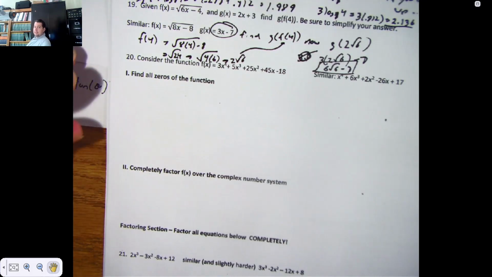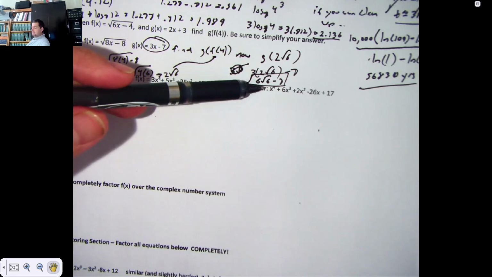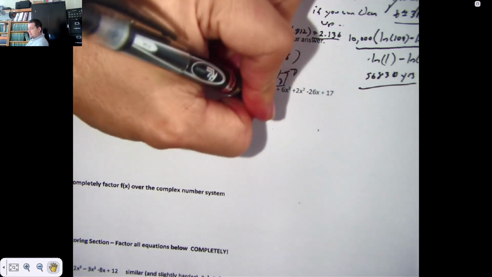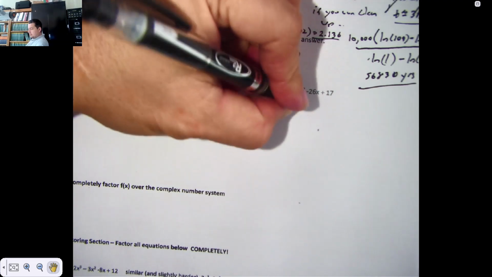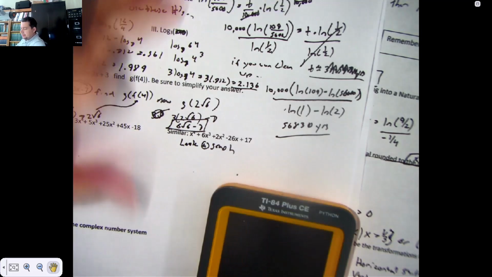So we got 20. Find all zeros of this function. First thing I'm going to do is look at the graph. That's the very first thing I'm going to do.